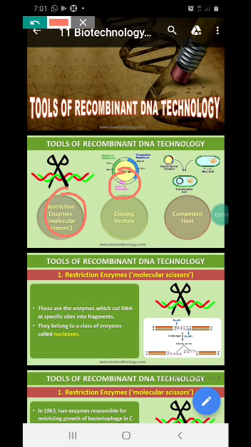Right. So what are these restriction enzymes? They are actually enzymes derived from the nucleus of an organism. Nucleus, right? And so they are called nucleases because they have been derived from the nucleus of the organism.